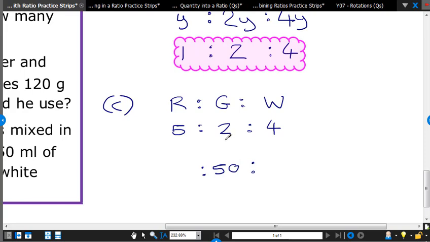So to get from, let's just think about it. To get from here to here, what do we have to do? I'll just put that arrow in. There we go. So what do we have to multiply by? Or divide by? Well, it's obviously getting bigger, so we're multiplying by 2 times what gives you 50? 25. So we're going to multiply by 25.